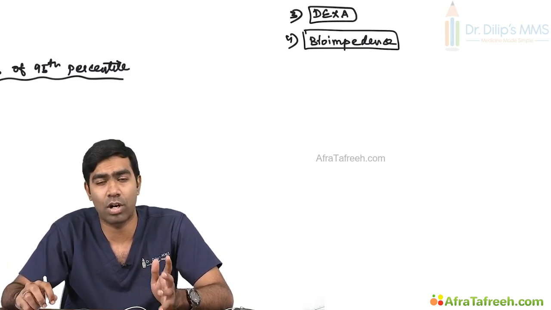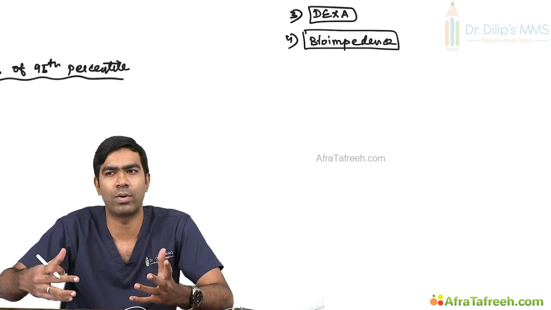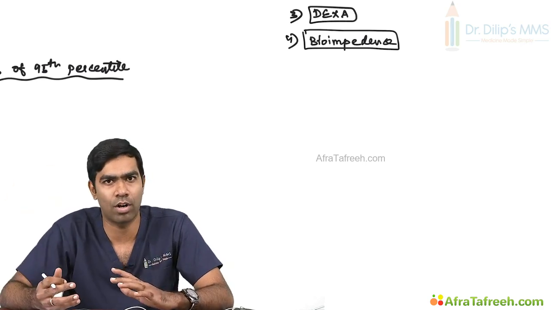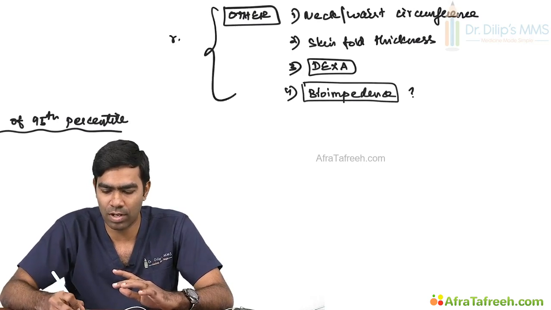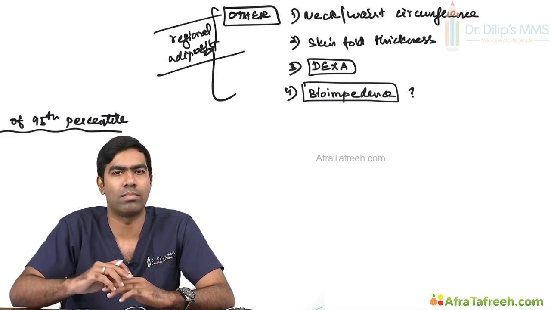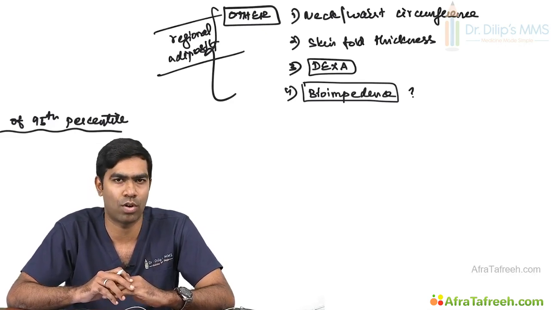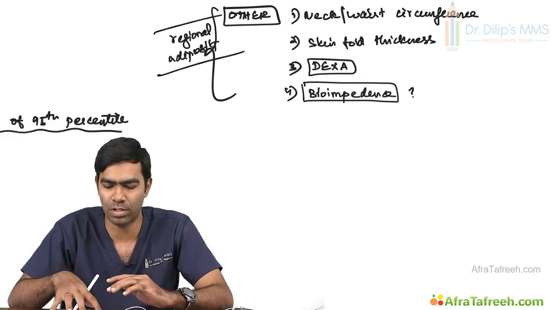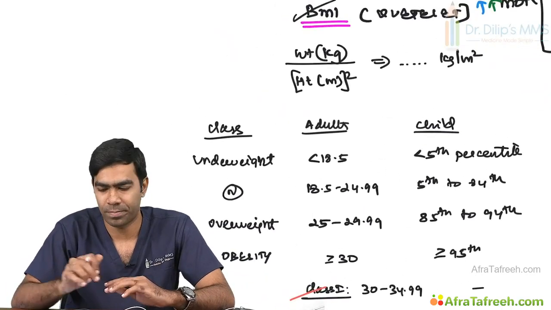At the same time, it is costly, and whether these measurements of regional adiposity will correlate with overall long-term mortality or not is a big question. That's why we don't use them in routine practice for determining treatment options. Instead, we stick to a routine BMI.